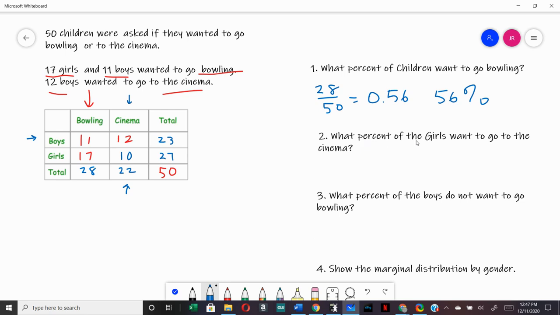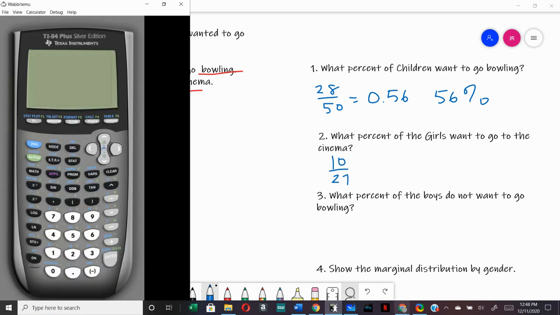Second one says what percent of girls? So we're focusing on the girl row right here. And we want to know how many of them want to go to the cinema. So it's 10 out of a total of 27. Now I can't do that one in my head, so I'm going to pull out my calculator.